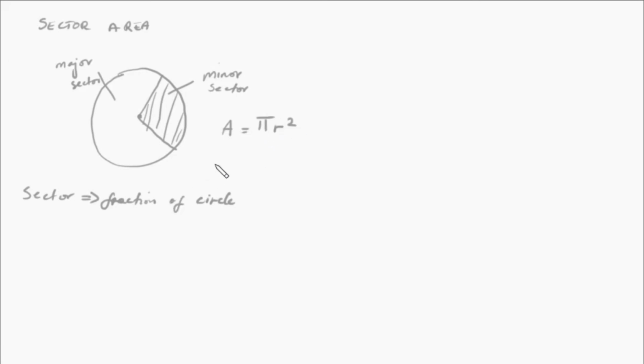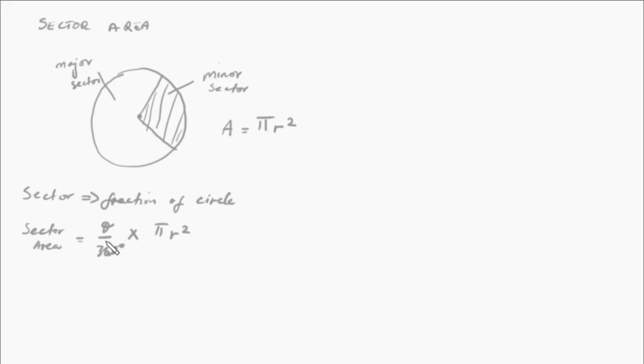Okay, so if you are going to find the sector area, it means you are trying to find a fraction, and this fraction is always theta over 360 degrees, multiplied by the area of a circle, which is pi r squared. Okay, this is the sector area.